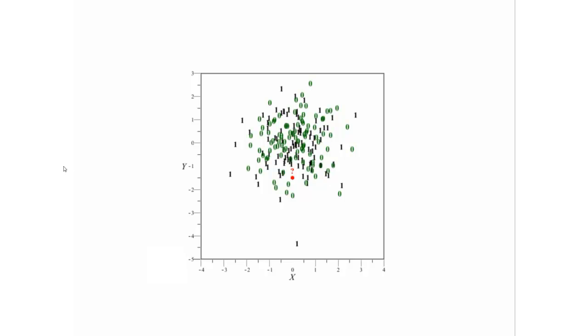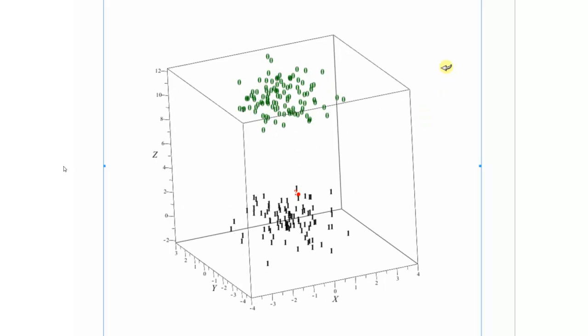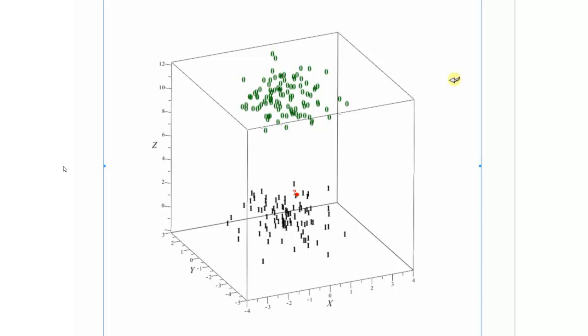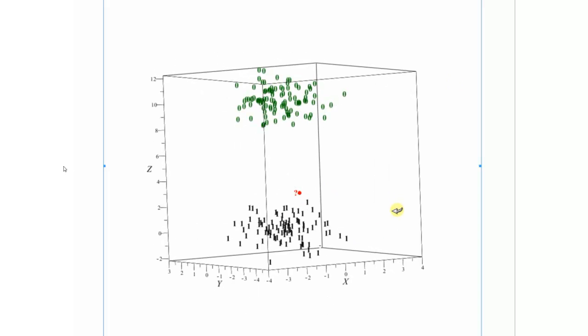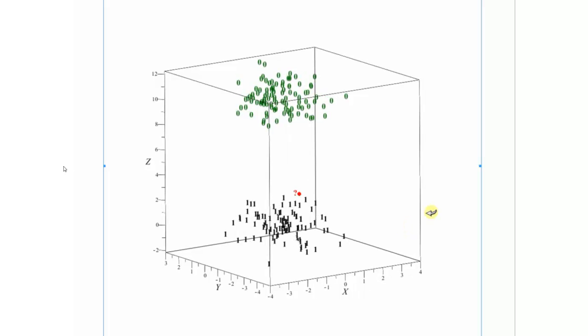To do that, we simply are going to rotate so that we can see all 3 dimensions, not just the X and the Y, but the X, the Y, and the Z. And now it seems pretty obvious, using either a separating hyperplane or a nearest neighbor algorithm, that that red dot should be classified as a 1.